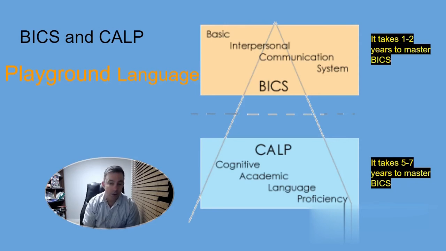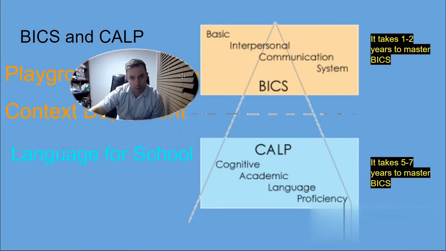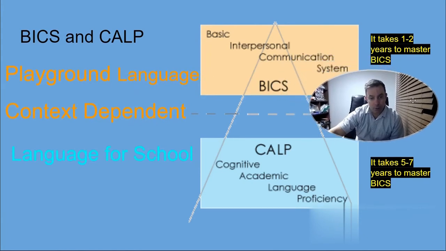And the other side of the coin is CALP. And CALP is cognitive academic language proficiency, which is language for school. Okay, so this is the language that students need to succeed in the classroom.